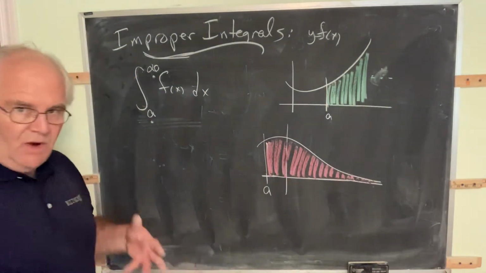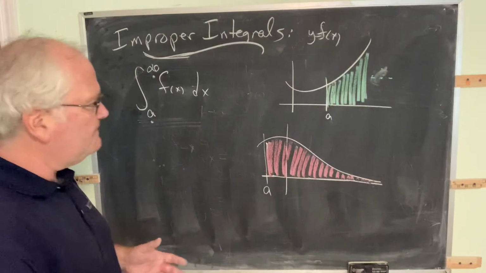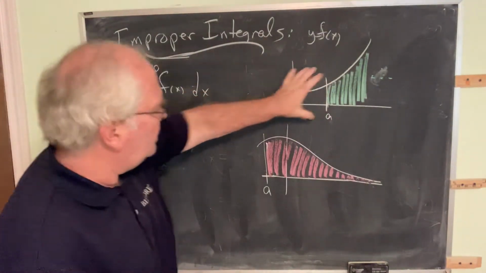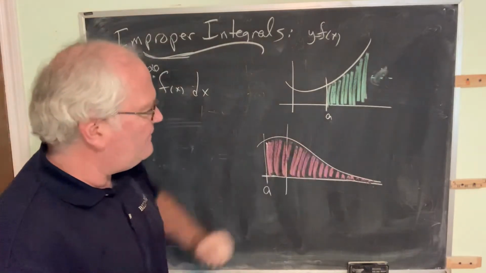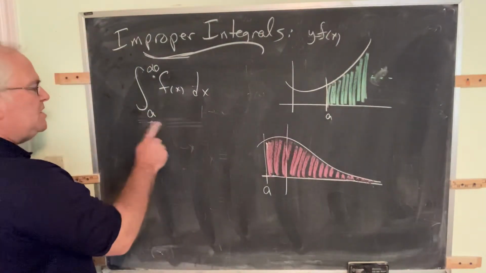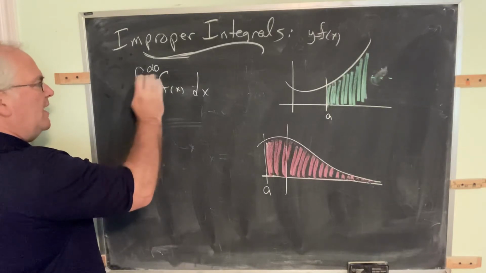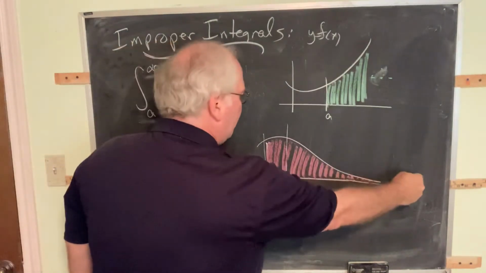The key is the way we define what area represents. So one possibility is this could work out to be infinity. Another possibility is this could work out to be finite. But the point is, we start at some finite value A, and you accumulate area, and you never stop.